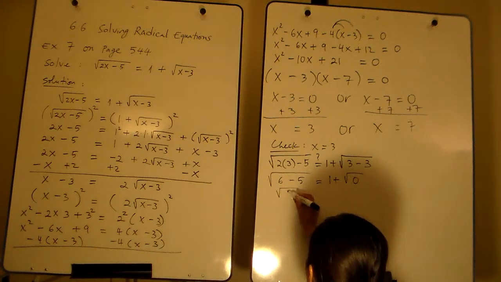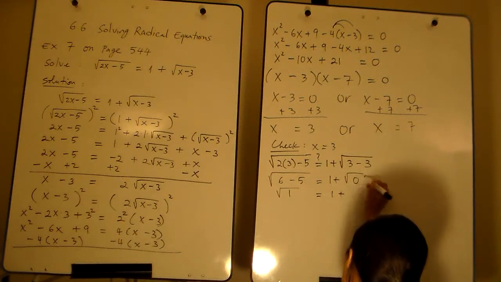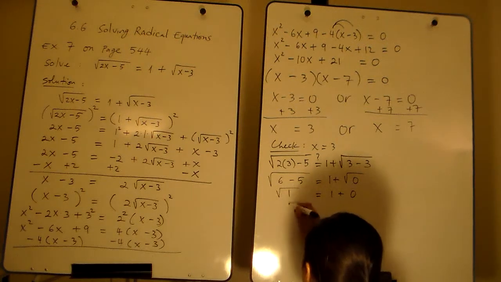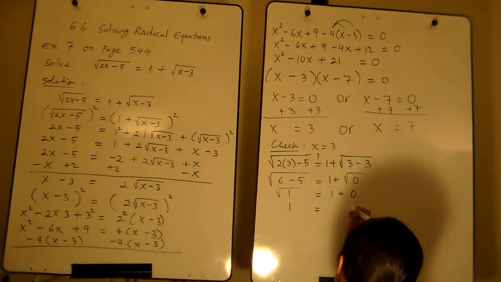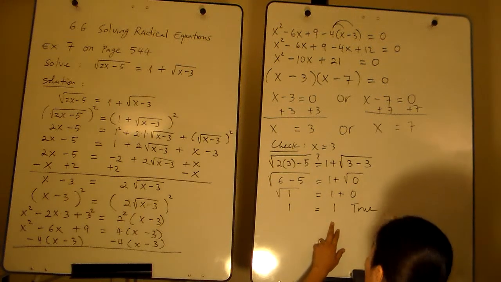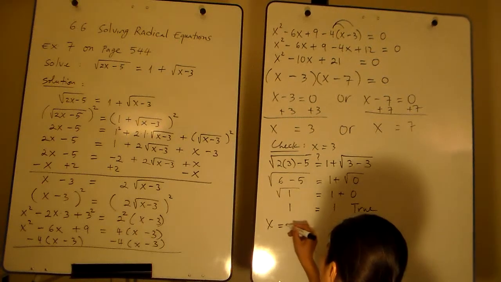So this is square root of 6 minus 5 is 1, equal to 1 plus square root of 0 is 0. Okay? And then square root of 1 is 1, equal to 1 plus 0 is 1. So 1 equals 1 is true. So that means x equals 3 is the solution.